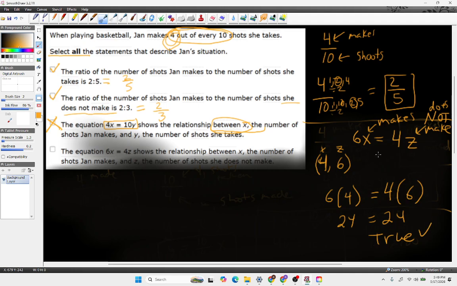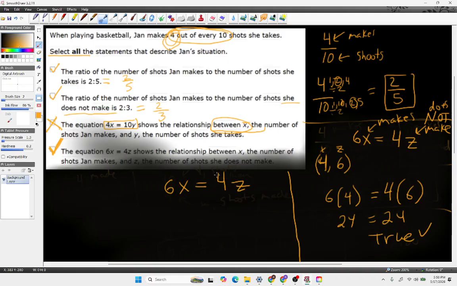That means this pairing would result from this equation, right? Another way you could show this, if that seems strange to you, is 6x equals 4z. We already know this is true, so this is just advanced if you want to continue watching.